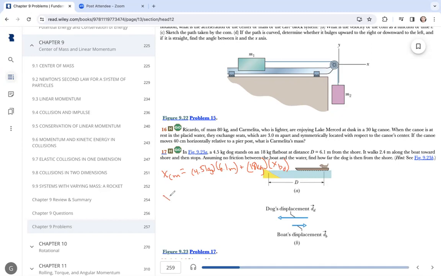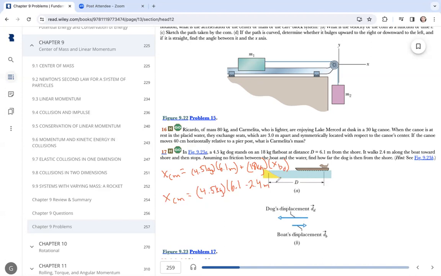And then you have the final center of mass. Well, that's not going to change, but the position of the dog and the boat will change. So that's going to be 4.5 kilograms times, it went 6.1 meters, but then it moved to the left 2.4 meters. And then the boat also moved to the right some.